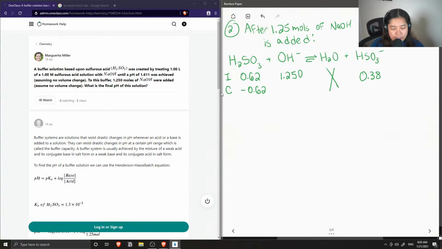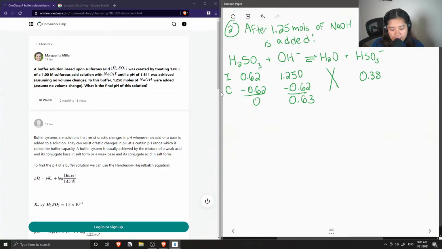So the OH only reacts until the H2SO3 runs out. So again, we say minus 0.62. And this gives us 0.63.